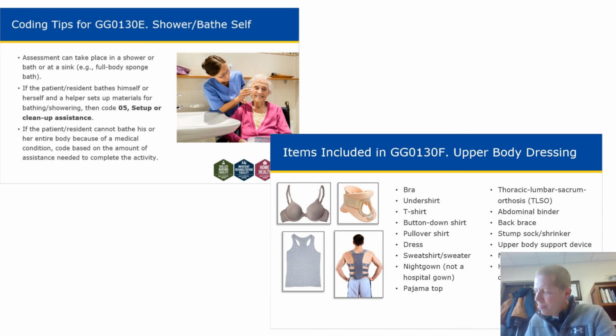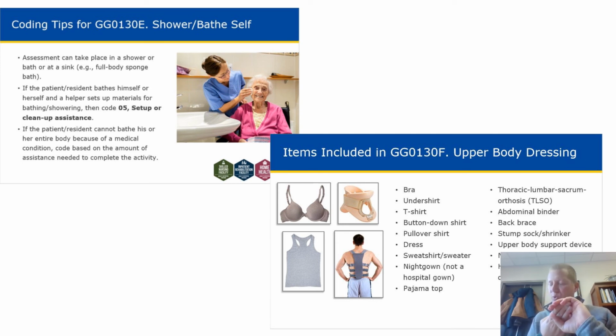The items included, and you'll probably want to write these down, include the ability to wash, rinse, and dry the face, upper body, lower body, perineal area, and feet.